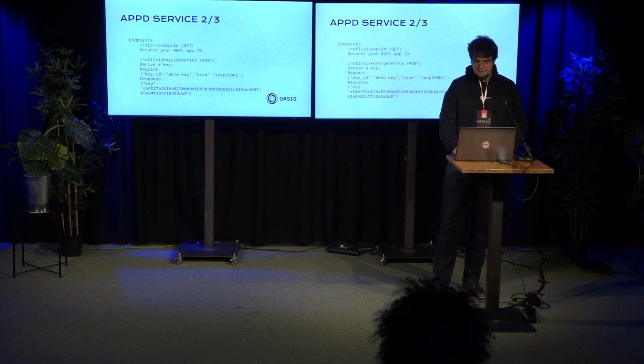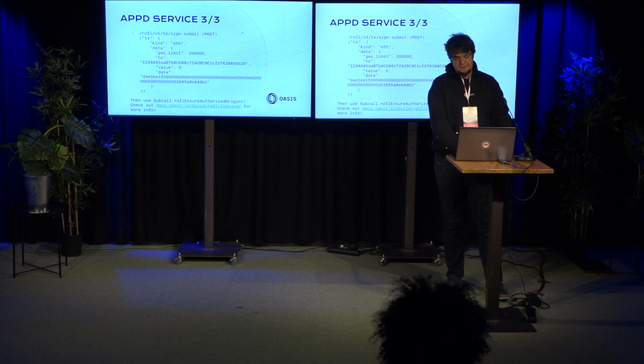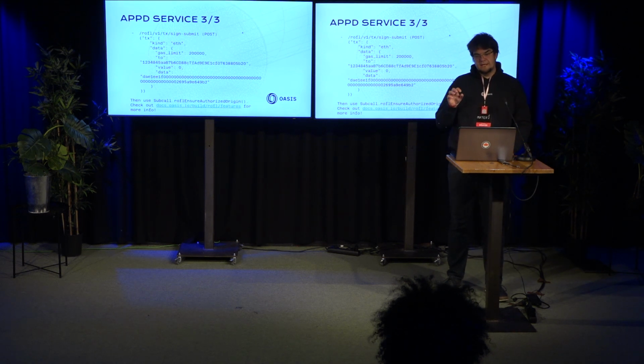Now, why is this useful? Let's see. The third endpoint is called sign and submit. With this endpoint, you provide a standard Ethereum transaction, and it signs the transaction with the unique Raffle key and submits it on-chain.